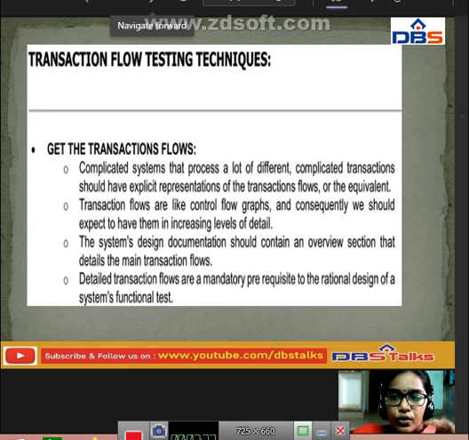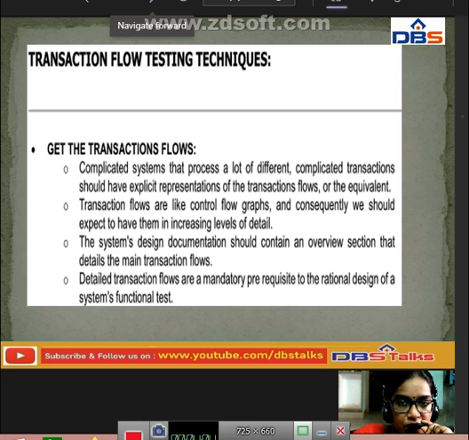Suppose it is a control flow graph: first, in that flow graph you have to mention where the process starts. After that, what process we are going to execute, then what different types of computations we are going to perform, and where the logical operations are. We have to take all of that into the picture, and based on that we draw the flow graph for that particular transaction.